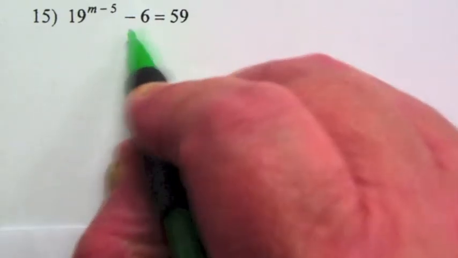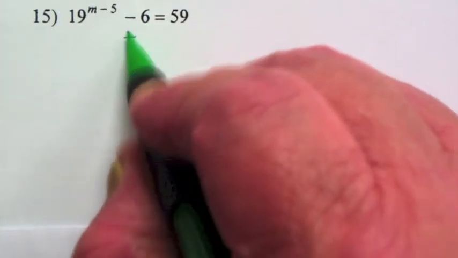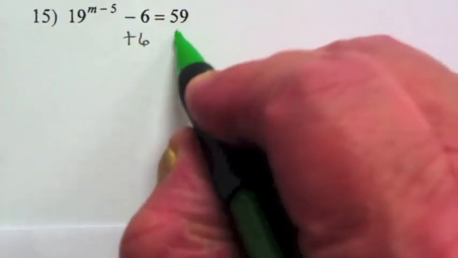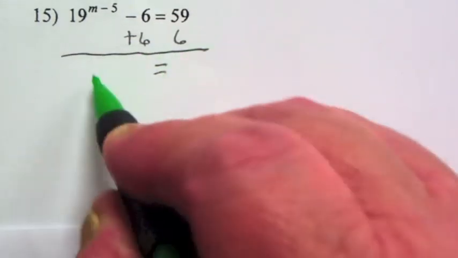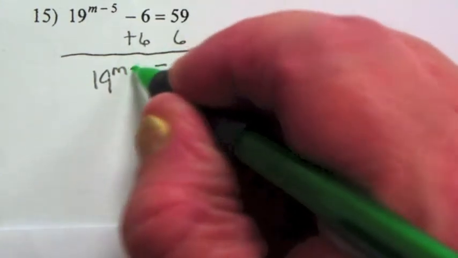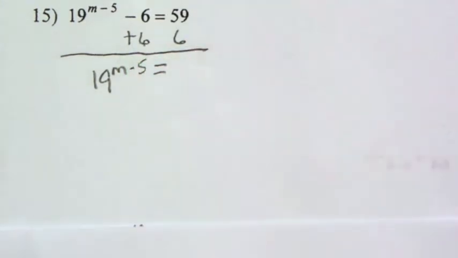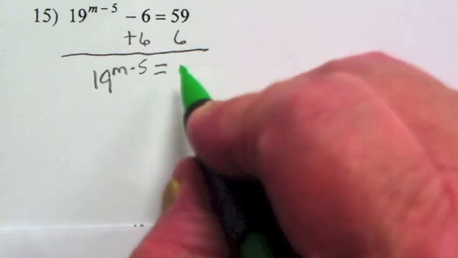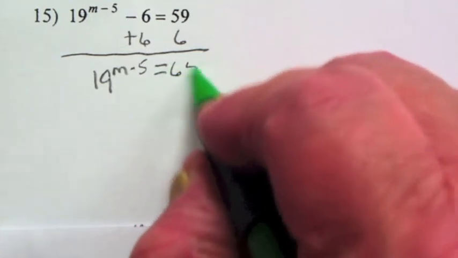All right, so that's minus 6. To get to the other side, I would do the opposite, add 6. So when I do this, that gives me 19 to the m minus 5 power equals 65.